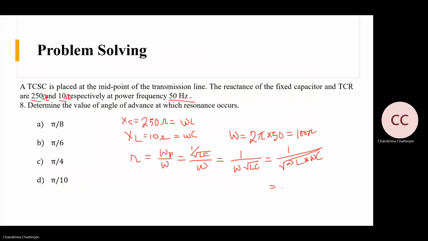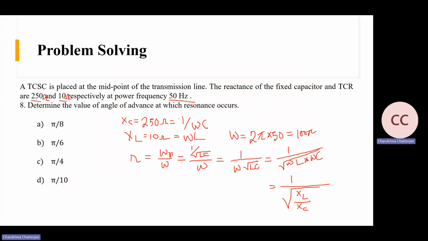So this is XC by XL. Here I have written it wrong. XC is 1 by omega C and XL is omega L.